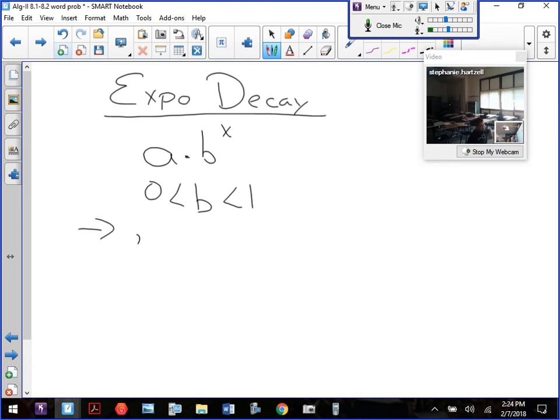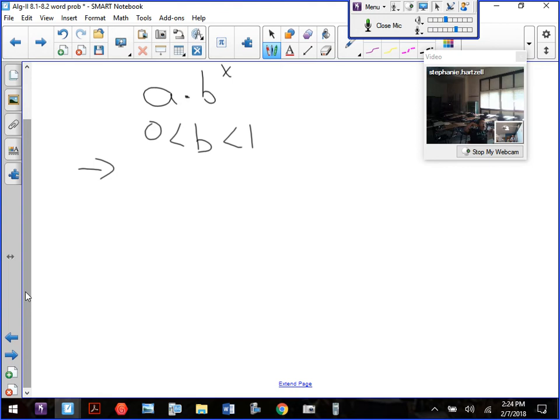But we're talking about growth models, so it's exponential decay in terms of a decay model. It's going to be 1 minus your r, where the value of r is your rate, again, as a decimal, which therefore generates the b value that's between 1 and 0.